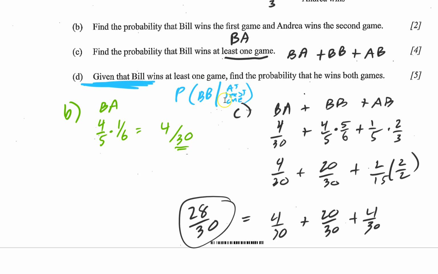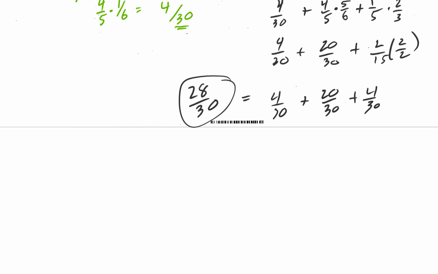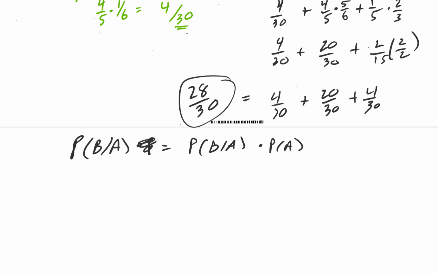And for this, I like to use the formula. So it's in your formula sheet. It's this. A given B problem is this: probability of B given A times probability of A equals probability of A intersection B. So that's the formula.